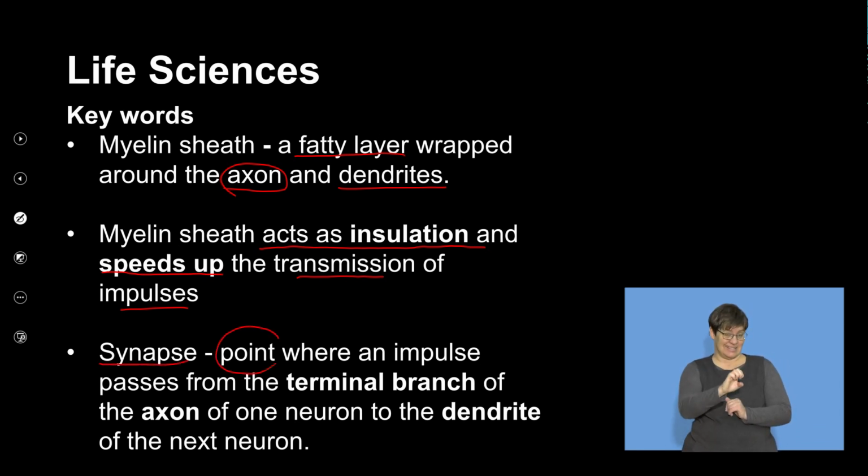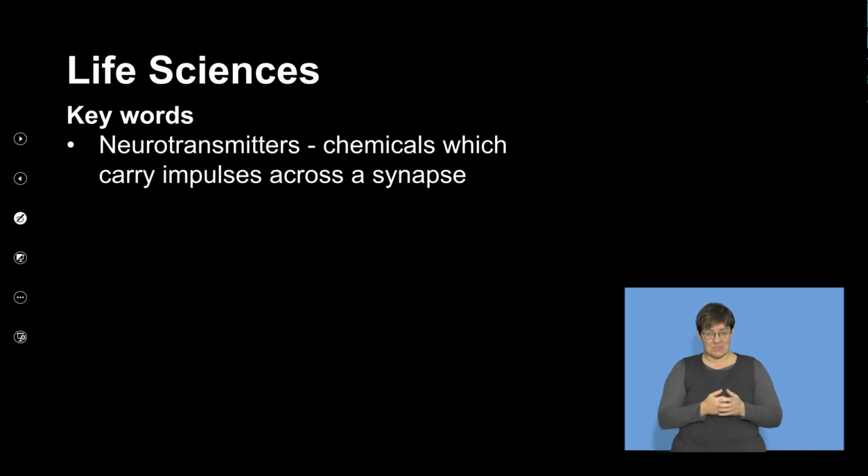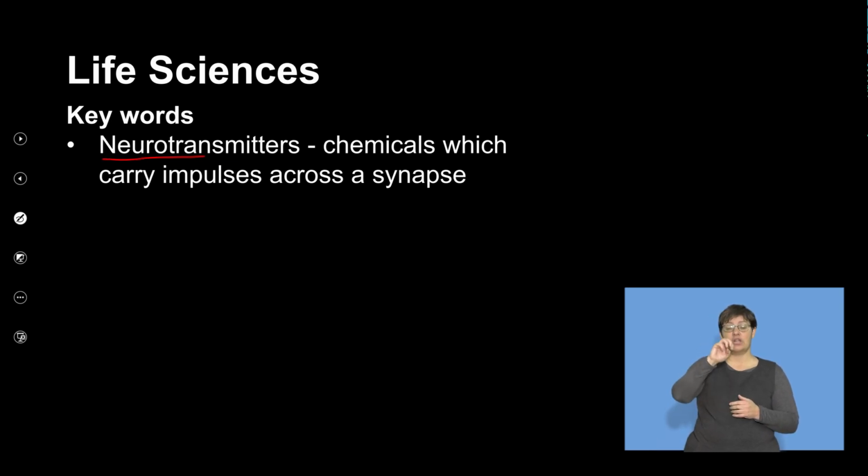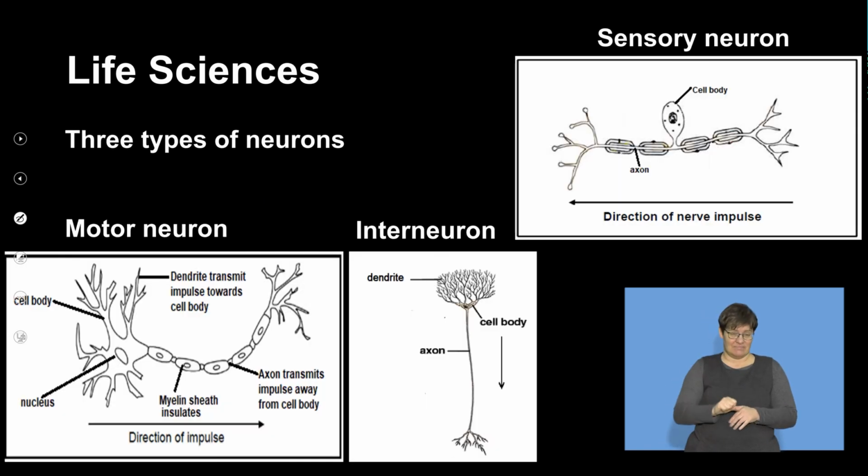That is the point where impulse passes from a terminal branch of the axon of one neuron to the dendrites of the next neuron. Neurotransmitters are the chemicals which carry impulse across the synapse. These are the keywords.